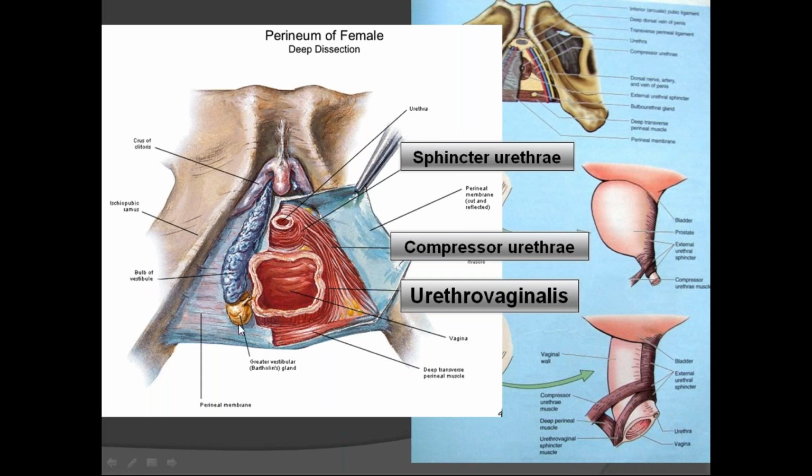So greater vestibular glands, bulb of the vestibule, right? Greater vestibular glands and its ducts are situated in the superficial perineal pouch.